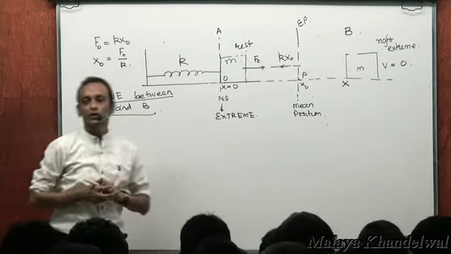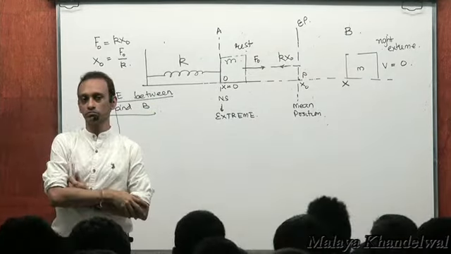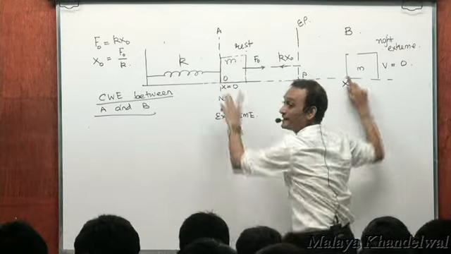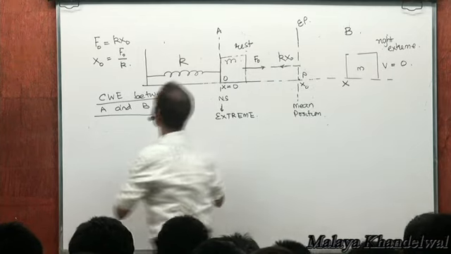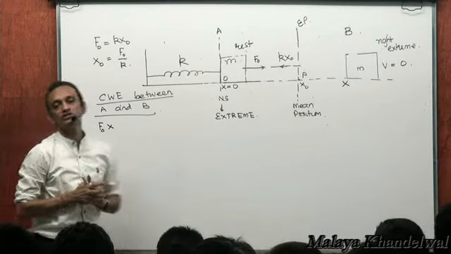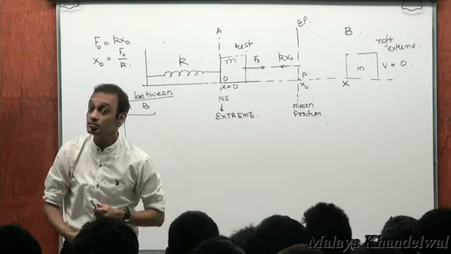What's the work done by F naught? F naught into the displacement x. Now, what are the other forces acting on it? Spring force. What's the work done by the spring force?